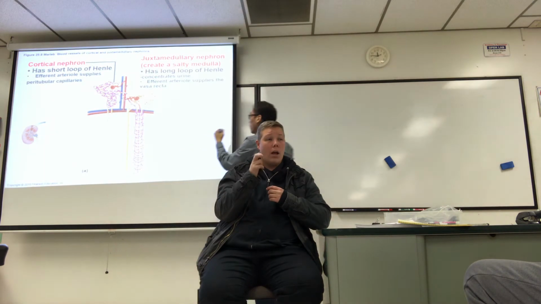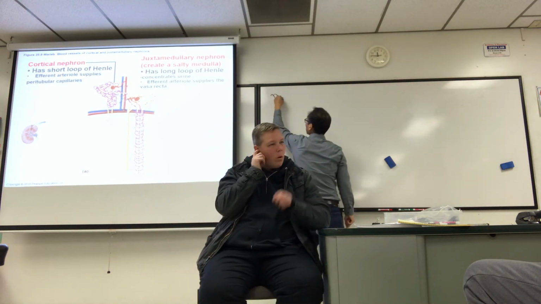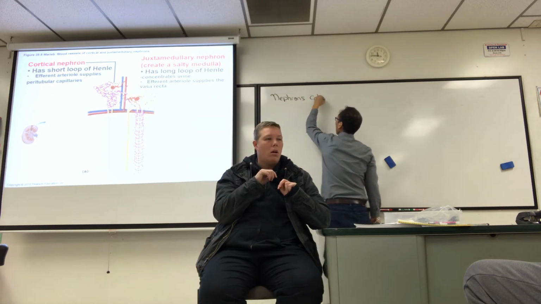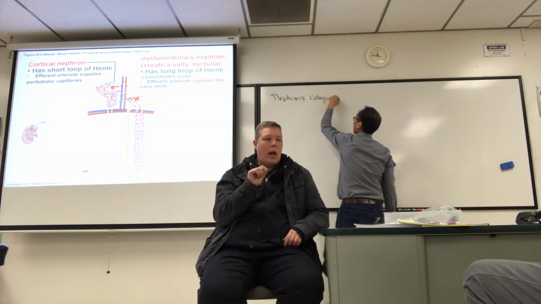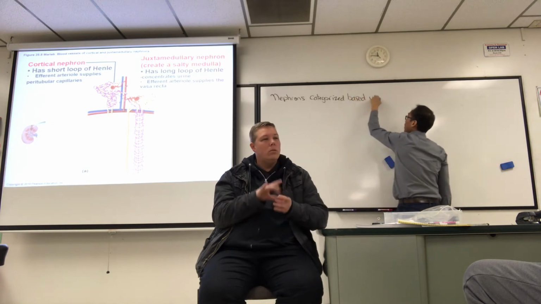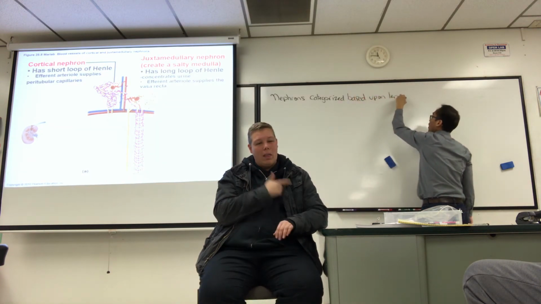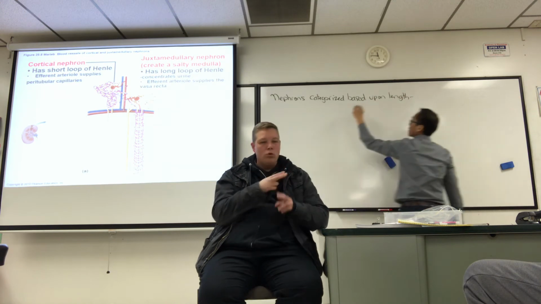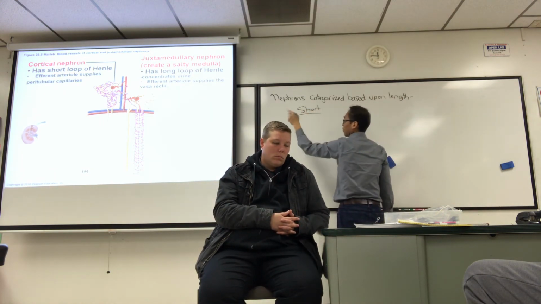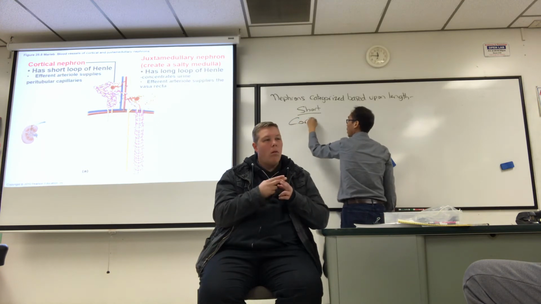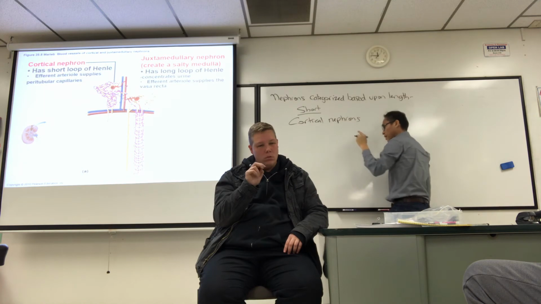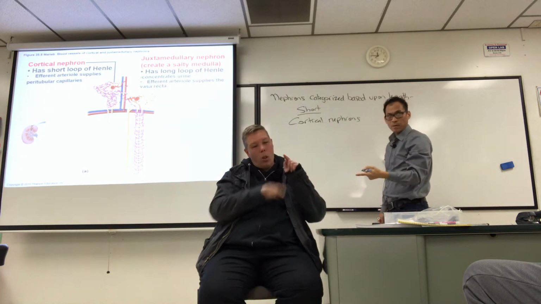Well, anyways, okay, so nephrons are categorized based on length. Short ones are called the cortical nephrons because the loop of Henle is shorter. Okay.